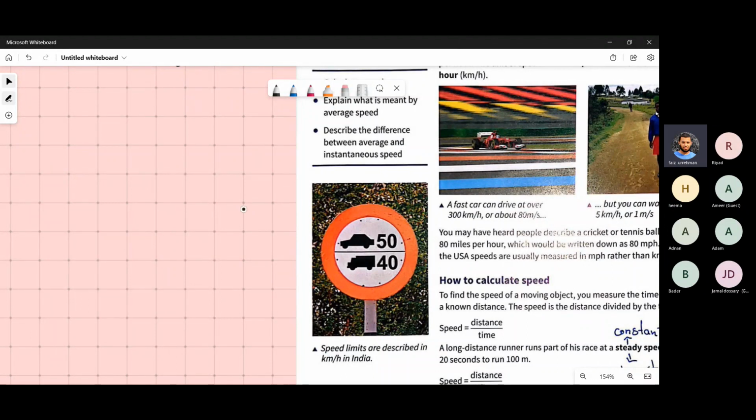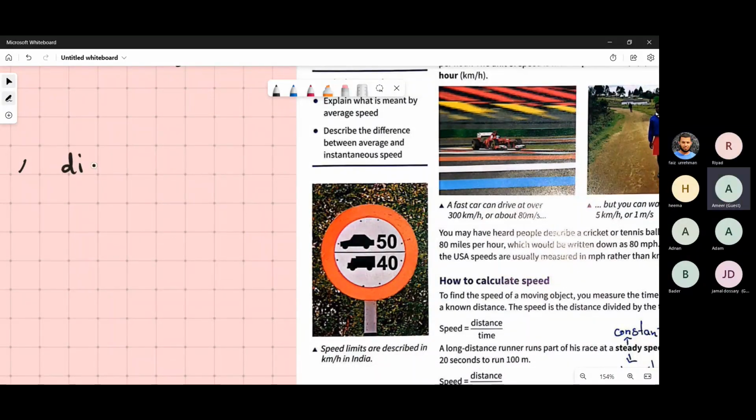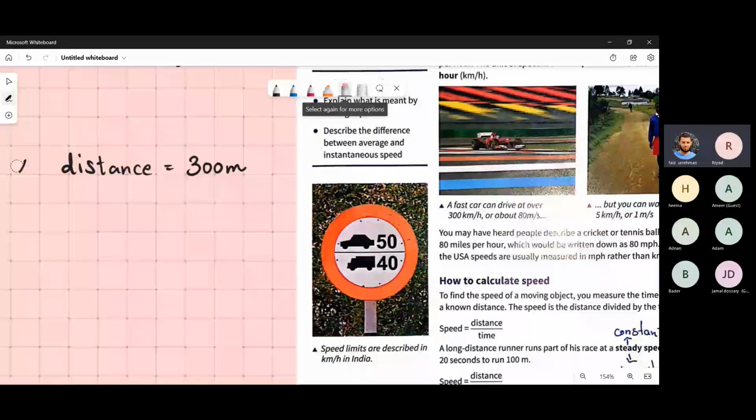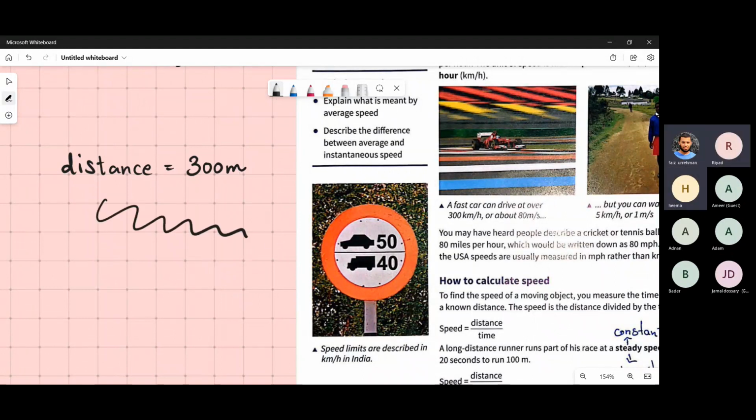For example, if a guy traveled the distance of, let's say, 300 meters.